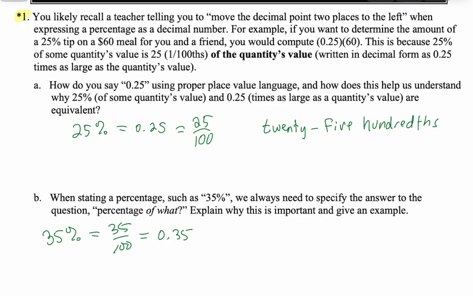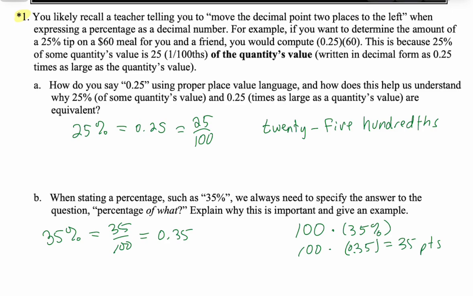If I have a 100-point test and you missed 35% of the questions, you have missed 35 points, right? 100% is 100 points. If you missed 35%, that is 100 times 0.35, or 35 points.